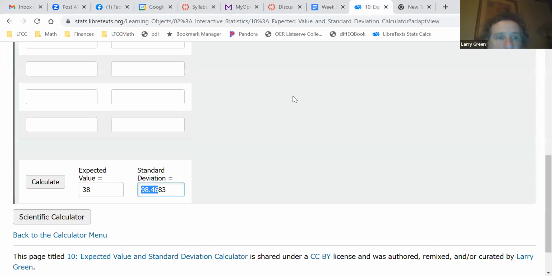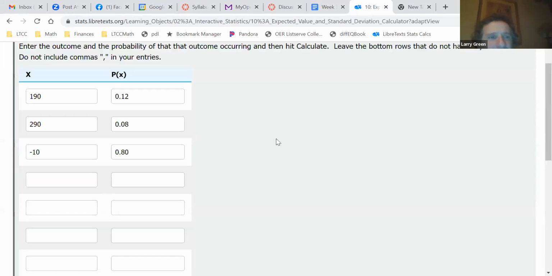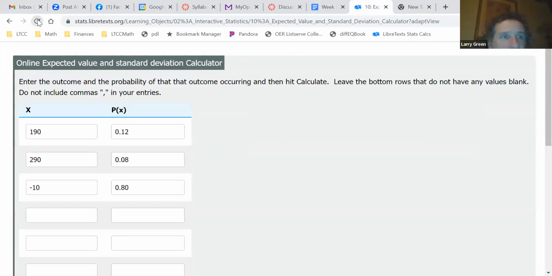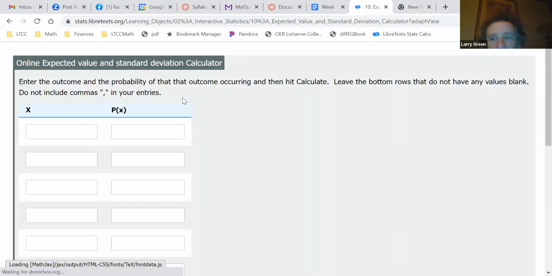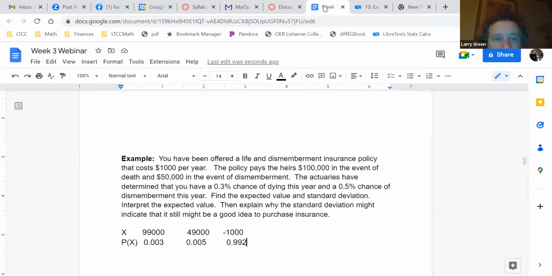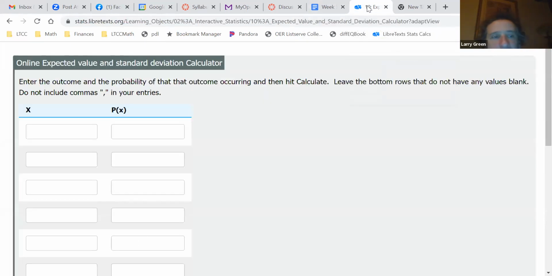Okay, so now I'm going to go here. And I think the easiest thing to do is to refresh. What that does is it clears everything out, and that's what I want. I don't want the old numbers anymore. And we have 99,000, 49,000, negative 1,000.